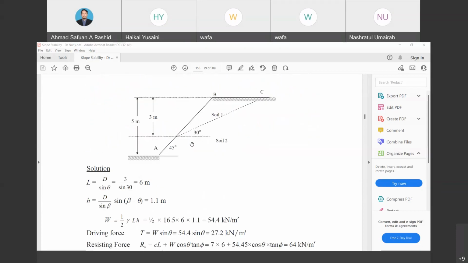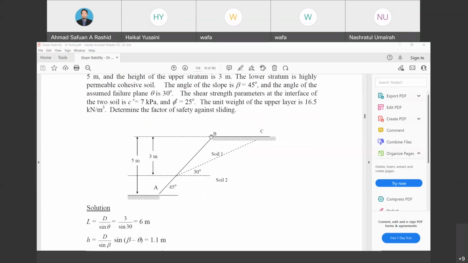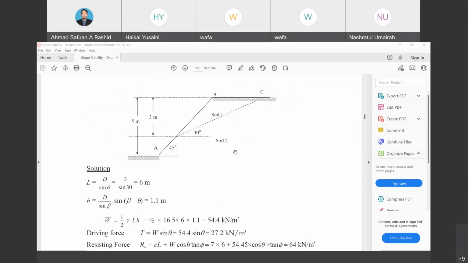So the first thing is to determine the weight of this potential failure block for soil number 1. So L is equal to 6, H is equal to 1.1. Then we determine W, which is equal to 54.4.